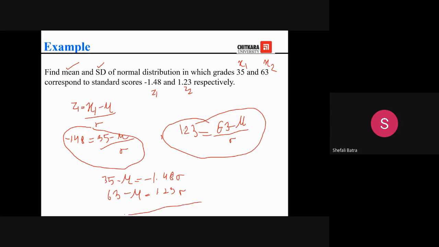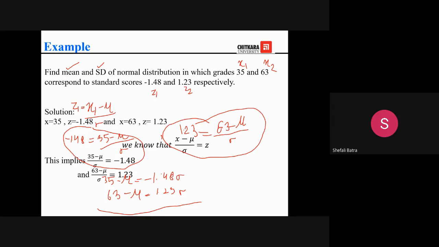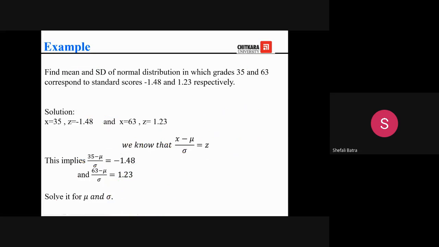So you can subtract them, get the value of sigma and then the corresponding mu. Two equations, two variables, you can solve it. Right? One equation, second equation, solve it for mu and sigma.